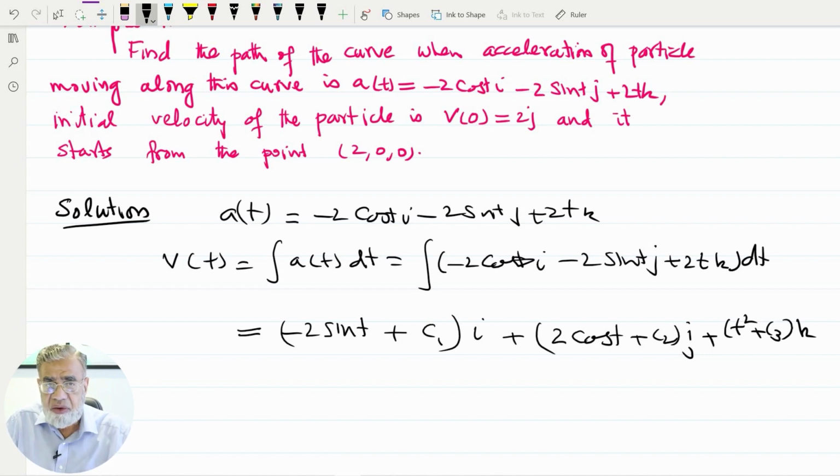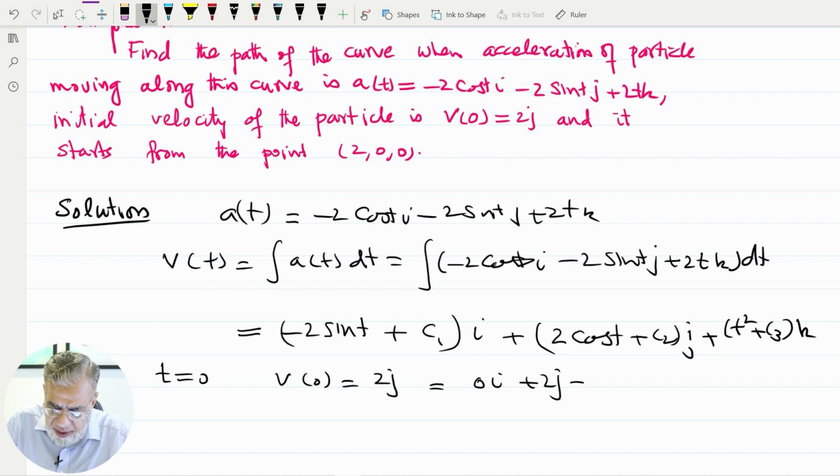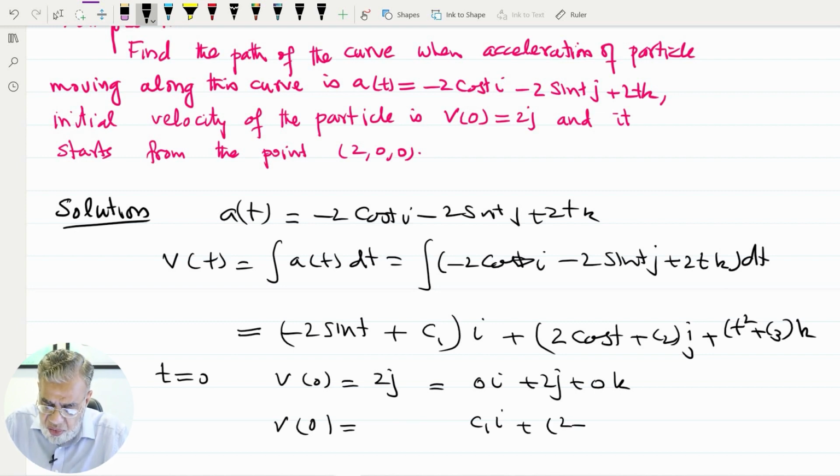Here we want to find the values of c1, c2, c3. We are given the initial velocity vector: at t equal to 0, v0 is equal to 2j, which we can write as 0i plus 2j plus 0k. Now in the velocity vector I have just found, we take t equal to 0. Sine 0 is equal to 0, so we get c1 i, then cosine 0 is equal to 1, so we get 2 plus c2 j, and then c3 k.